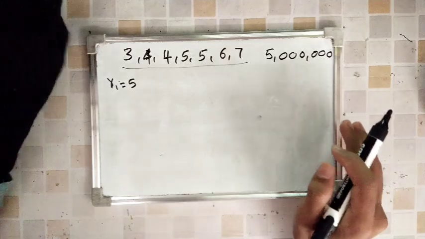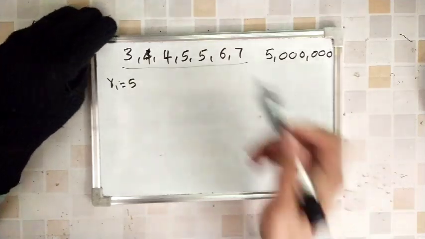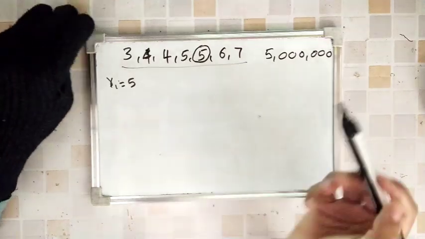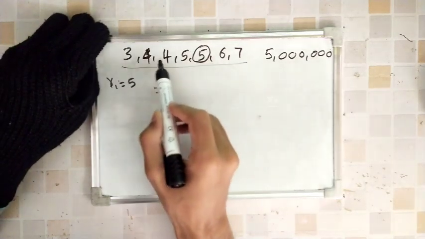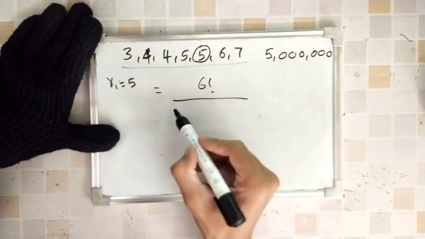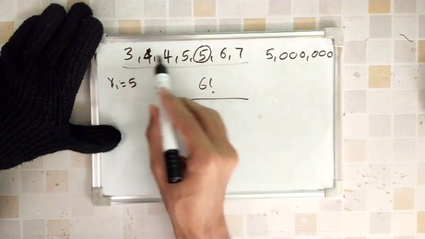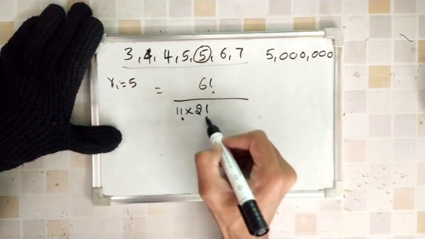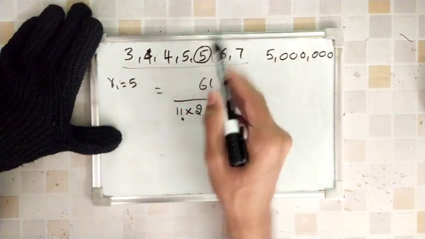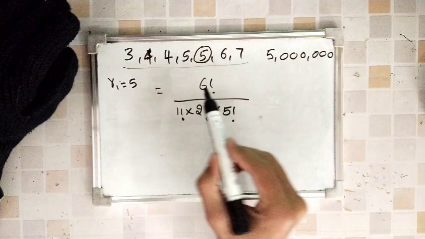If I am considering x1 equal to 5, then what will be my permutation? I am taking x1 as 5, so I will write the remaining 6 places, that is 6 factorial divided by: 3 has repeated 1 time, so 1 factorial, 4 has repeated 2 times, so 2 factorial, 5 is only 1 time now because this 5 I have taken out.